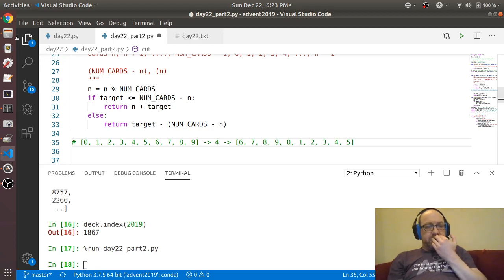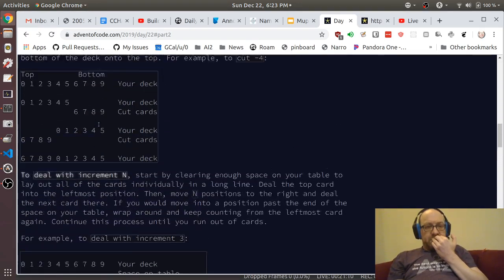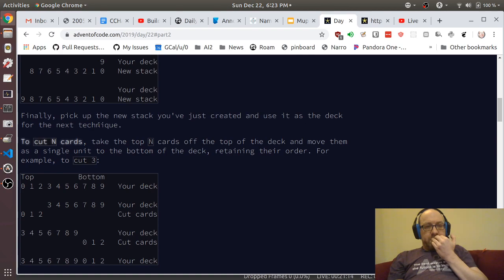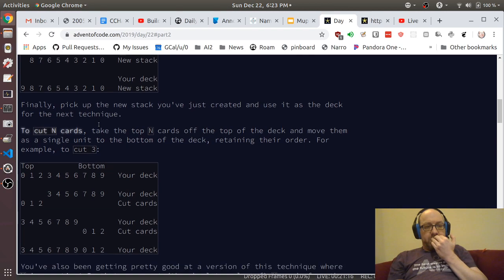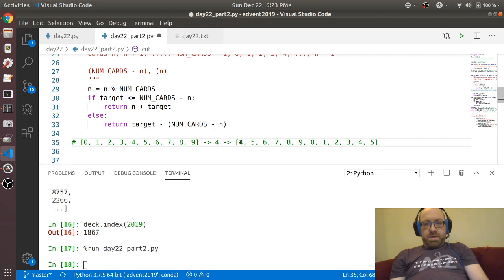So let me just look at the definition of cut. To cut n cards, take the top n cards and move them as a single unit to the bottom of the deck in their order. So, right. So if I cut 4, no. So to cut 4, I did this totally wrong. I do this.